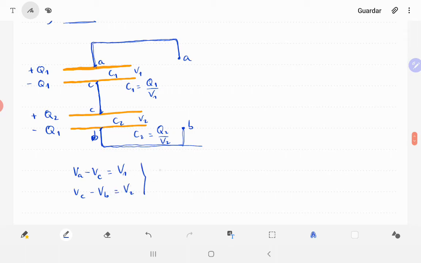So if we add up these two, we come up with VA minus VB equal to V1 plus V2.